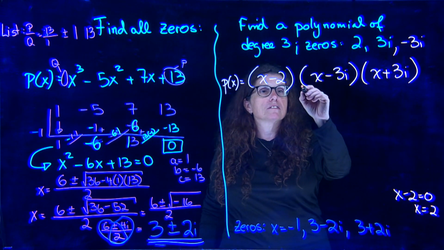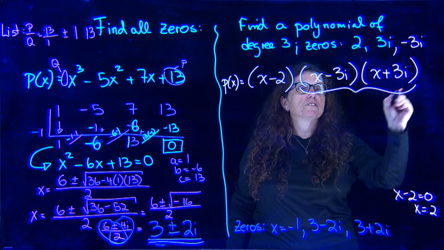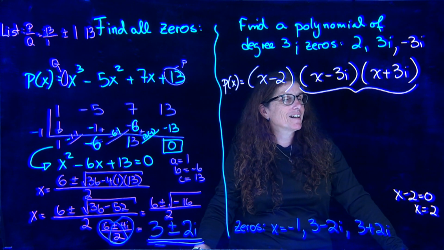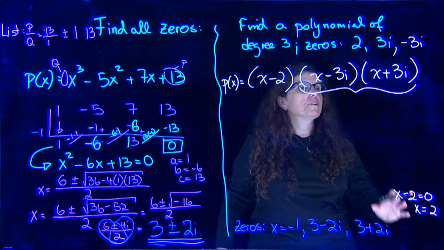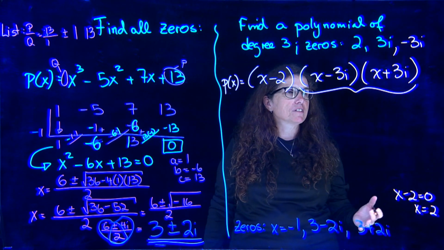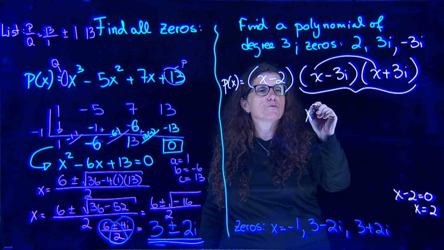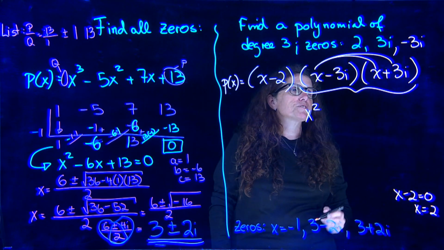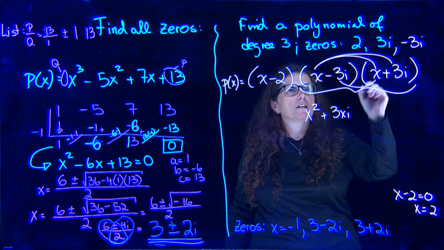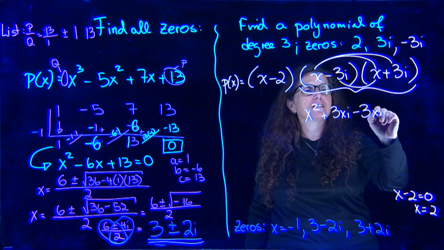I want to expand it, and I want to give you some advice. You want to multiply the x minus 3i and the x plus 3i first. The reason being is because the i's actually disappear, and you will see that in a second. So let's just multiply it all out. X times x is x squared. X times 3i is plus 3xi, which way you write that does not matter. Then we multiply minus 3i times x, which is a minus 3xi.